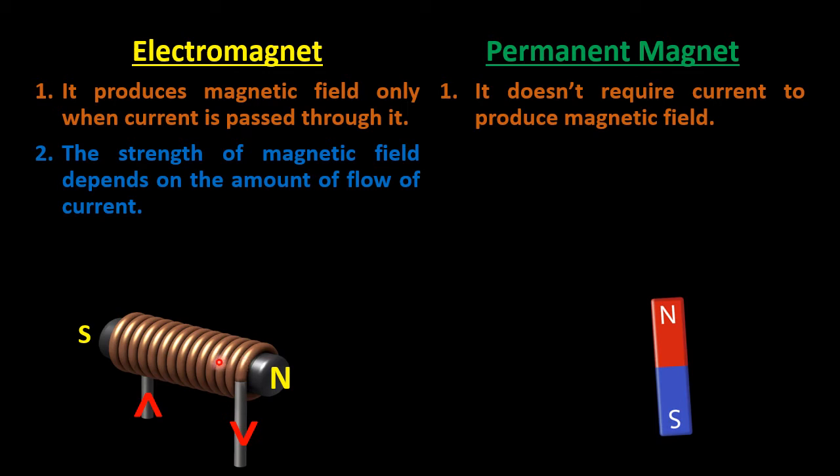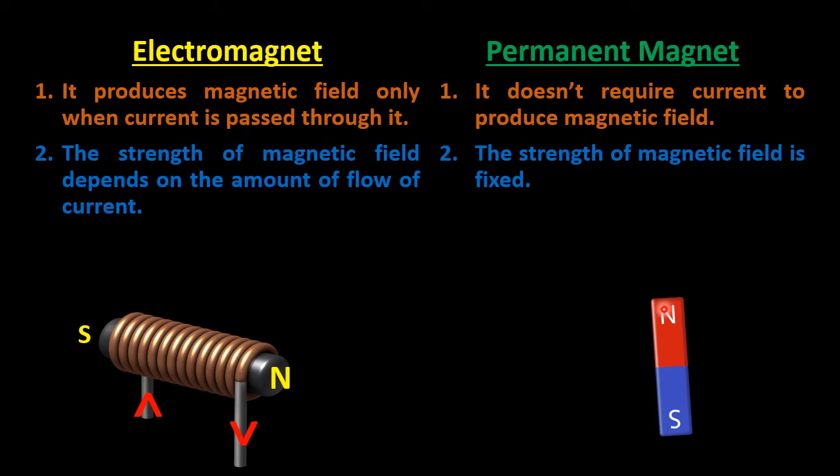So depending upon the flow of current, the solenoid produces a magnetic field of lower or higher strength. But the strength of the magnetic field for the permanent magnet is fixed. For this bar magnet, the strength is fixed. It cannot be increased or decreased at our will.